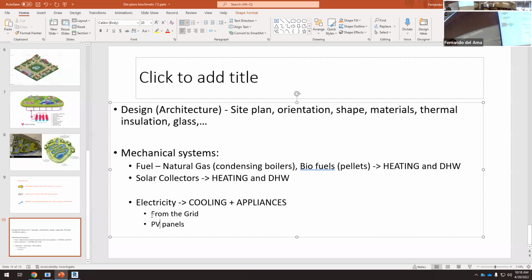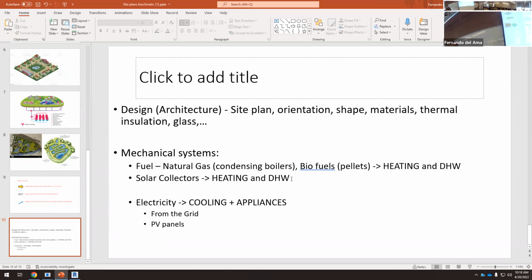So we are not designing a standalone PV system. We assume that we take electricity from the grid, and we generate our own array of PV panels. So when we need energy, we get the electricity from the grid. When we are producing more, we sell that electricity to the grid.